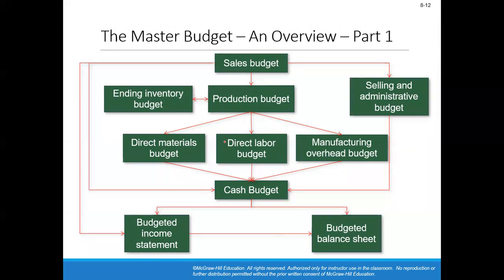So you see a number of budgets here, and altogether they are known as the master budget. So you see, I'll not explain each of these budgets. The name implies what the budget is.